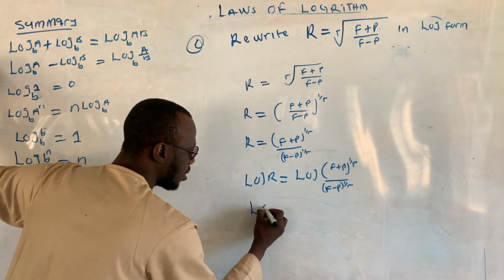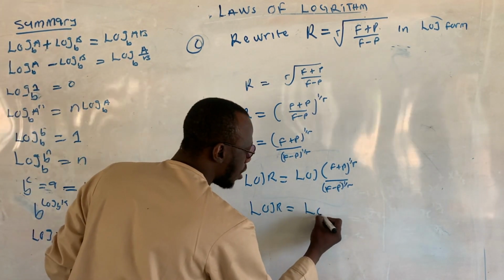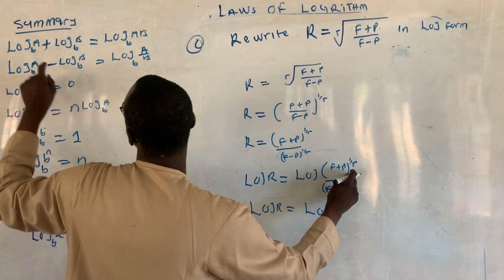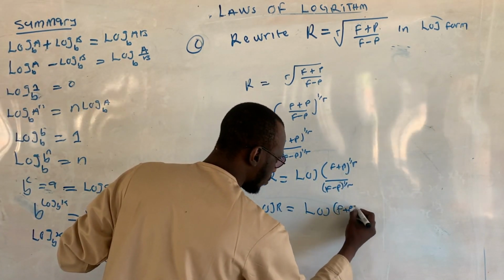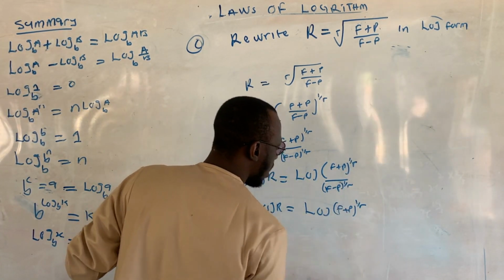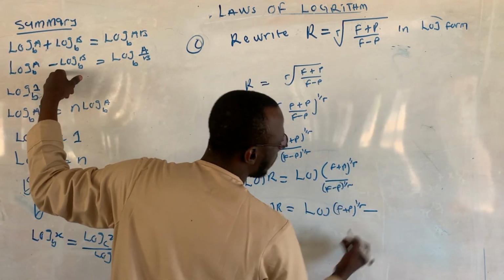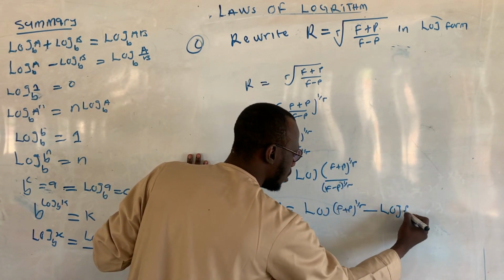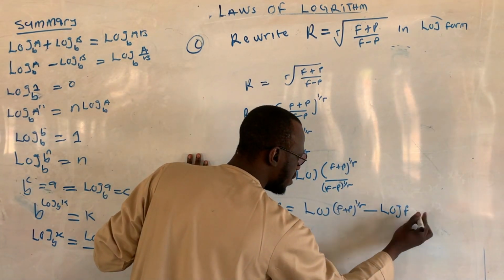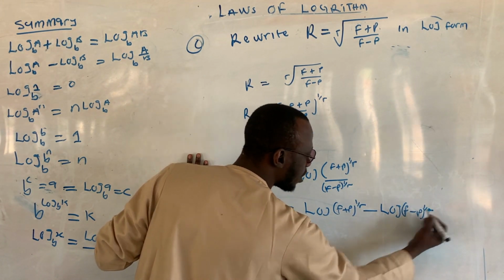Then log r equals log of (f plus p) to the power 1 over r, and since it is a division sign, we minus again log of (f minus p) all to the power of 1 over r.